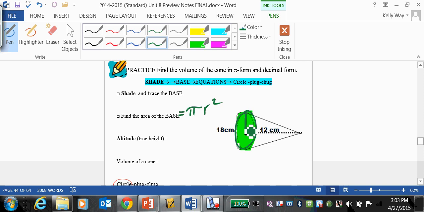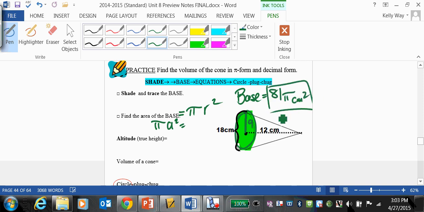So the whole diameter, there's that bracket right there. That whole diameter is 18. That makes our radius 9. So we're going to put in pi 9 squared. So our base, use a capital B, is going to be 81 pi centimeters squared. That's your base area.